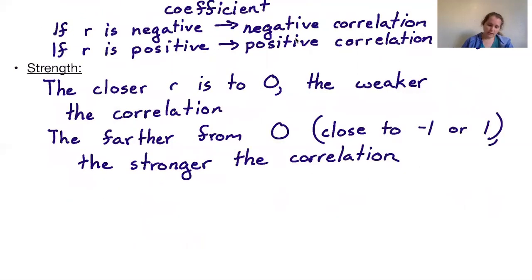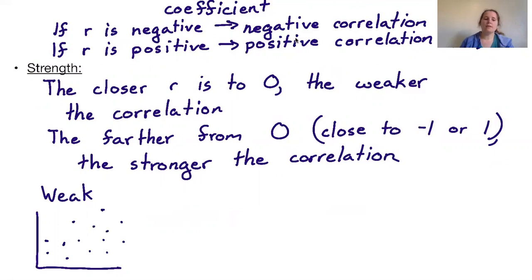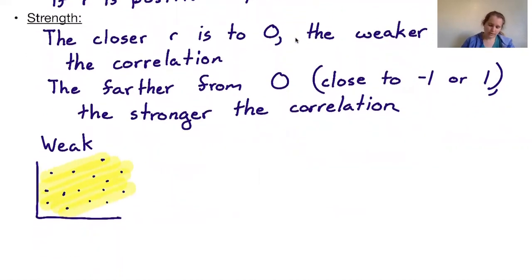So a weak correlation, the pattern is not so obvious. If we put our band in the background that sort of traces the pattern, it's a very wide band. In this case, R is going to be very close to 0.